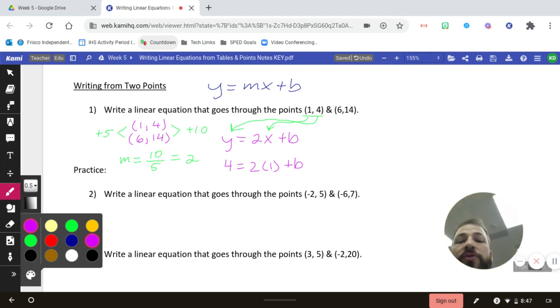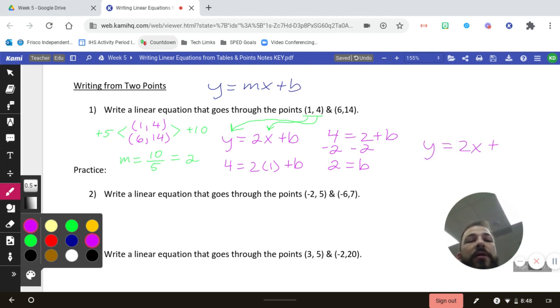So 4 is equal to 2 times 1, which is just 2, so 4 is equal to 2 plus b. And then just like any other equation, I'm going to move over what's next to b. So minus 2, and we get 2 is equal to b. So as our final answer, I can go back to that original equation and replace b with what I now know it to be.